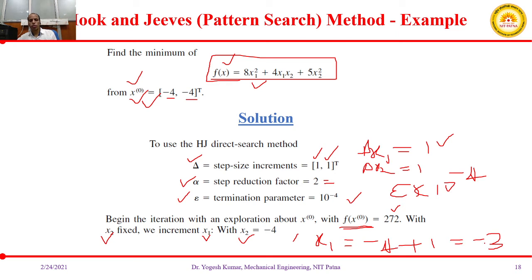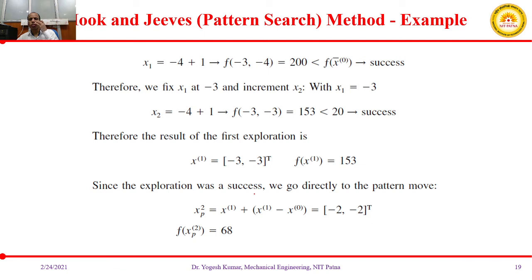Okay, so the new set of values now will be -3, -4. So here we can see that the value of x1 is -3 and x2 is -4.